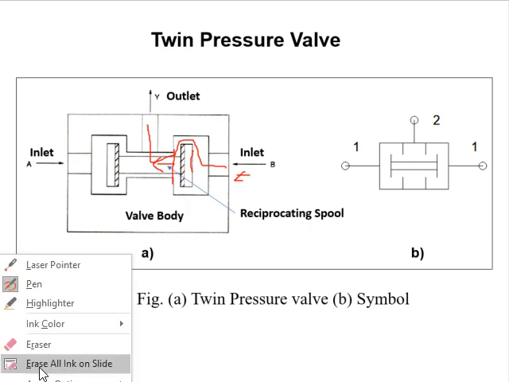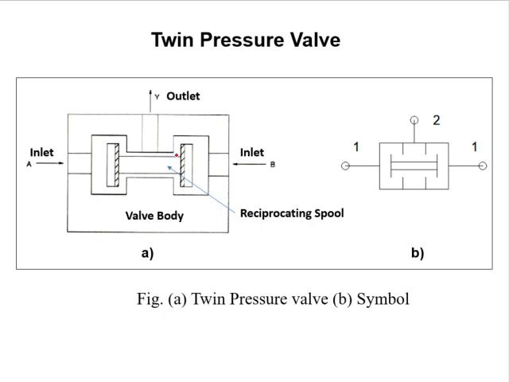To get the output, there must be pressure from both directions, that is, from both inlets. Then the reciprocating spool will remain at the central position and we get air passing through this passage as well as this passage. So only when two inlet pressures are available will we get the outlet.